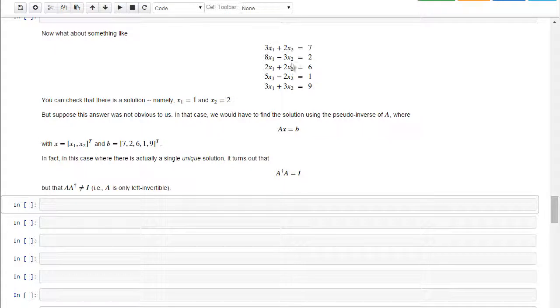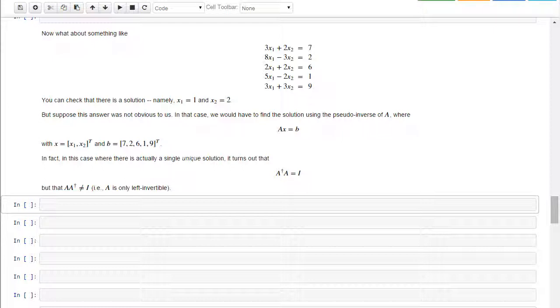And that's going to give us the exact solution, because A dagger A will be the identity. But A A dagger is going to be a 7 by 7 matrix, and there's just no way in the world that it could be invertible. So here A is only going to be what we call left invertible.